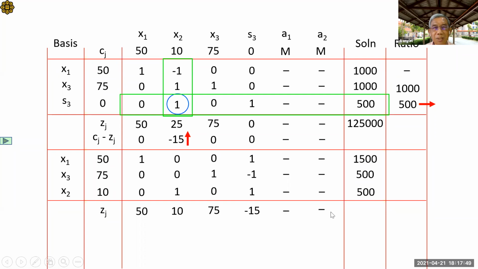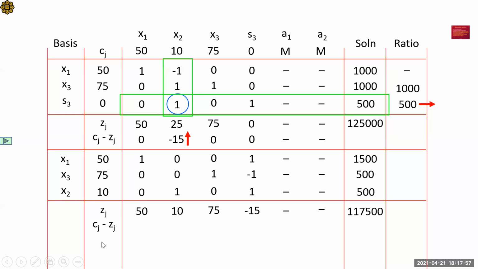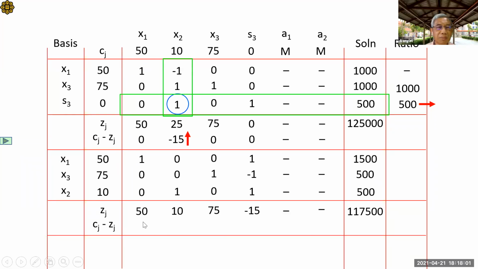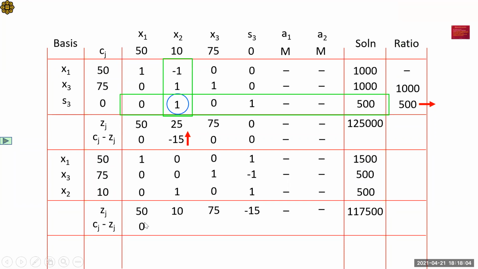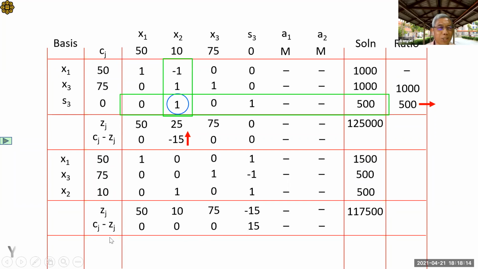Dash, dash. Here the cost goes down, this one decreases. Now whether optimal or not. 50 minus 50, 0, 0, 0, 0, 0. 15, 15, dash, dash. Optimal. Yeah, optimal.